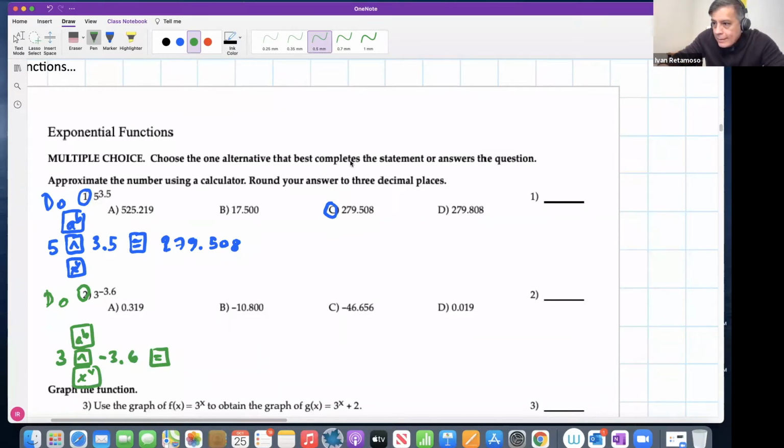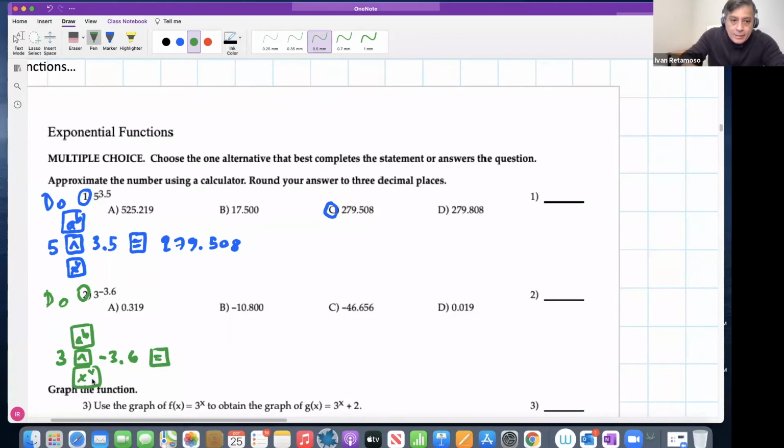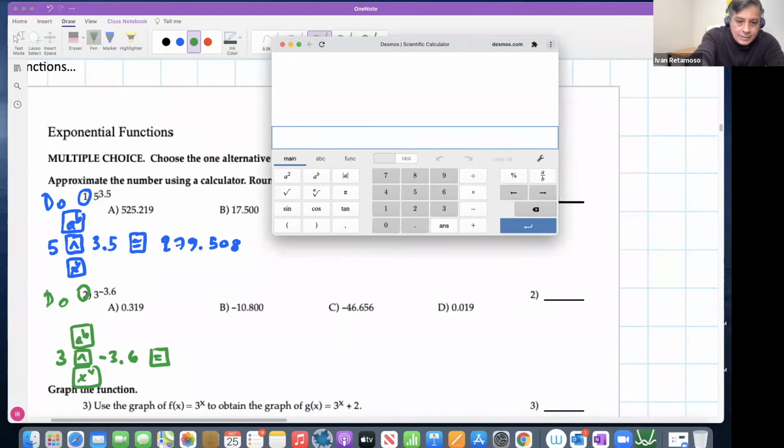Anna, you made my day. Excellent. Very good. When you do this, again, we can do it as a way to practice. 3 raised to negative 3.6 gives us a very small number, 0.0191.